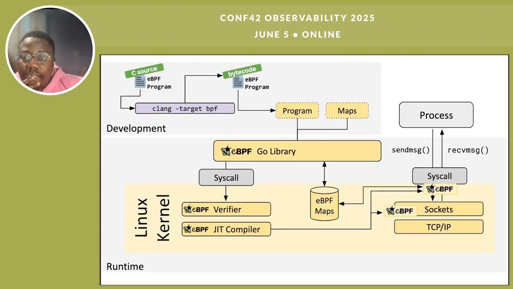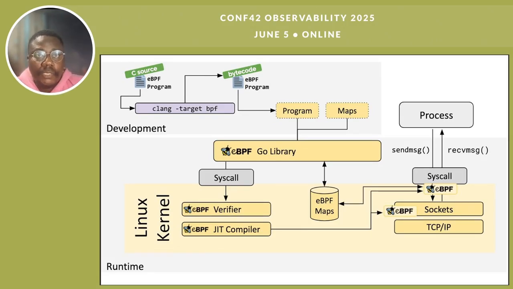So looking here, we see the architecture, basically the process by which the eBPF program is created and loaded to the kernel space. You start with a C source, an eBPF program, and then this program is converted to bytecode by the compiler before being loaded into the kernel space and attached to either hooks, events, or system calls as the case may be.